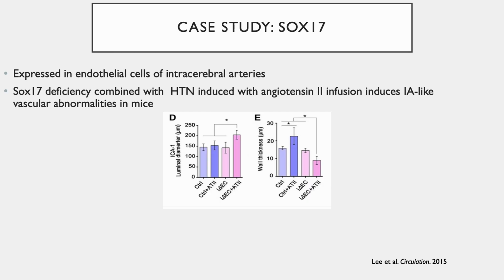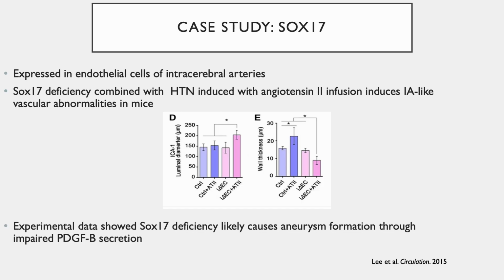As you can see in this data from that paper, if you look at the iΔEC, which is just the SOX17 deficiency, and the iΔEC plus AT2, the angiotensin II infusion, you can see that these aneurysms have a larger luminal diameter and have decreased wall thickness. Additional data in that paper showed that SOX17 deficiency causes aneurysm formation through impaired PDGF beta secretion.